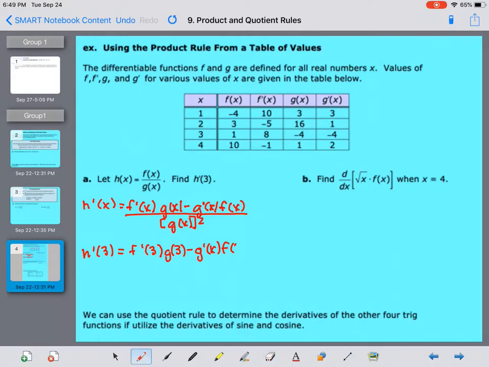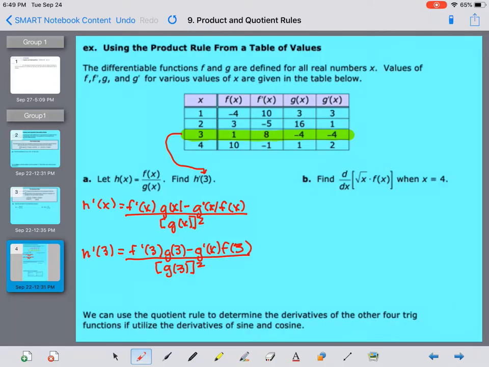Everywhere in the problem I'm replacing x with 3, just function notation. And then this is where the table comes into play. We're looking specifically at x equals 3, so that's this value here. And we're going to be looking at all of those values in that table to figure out what that is.